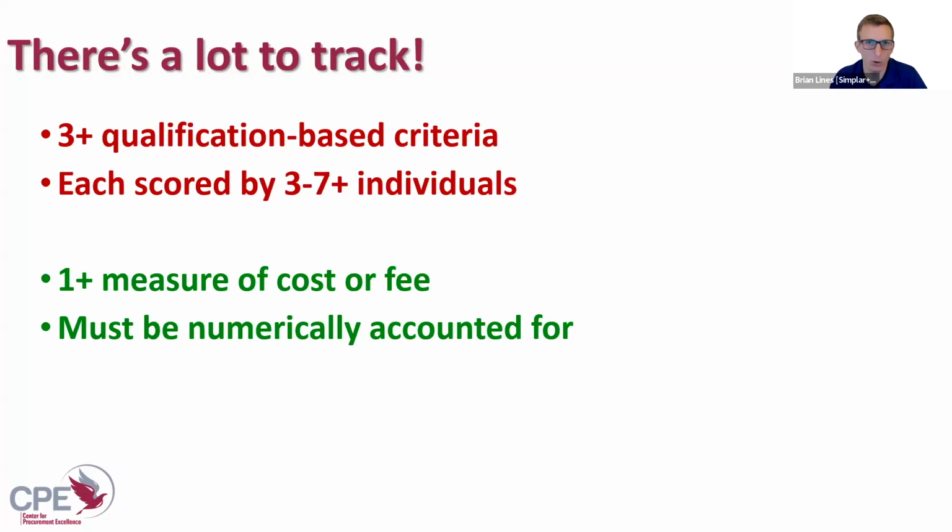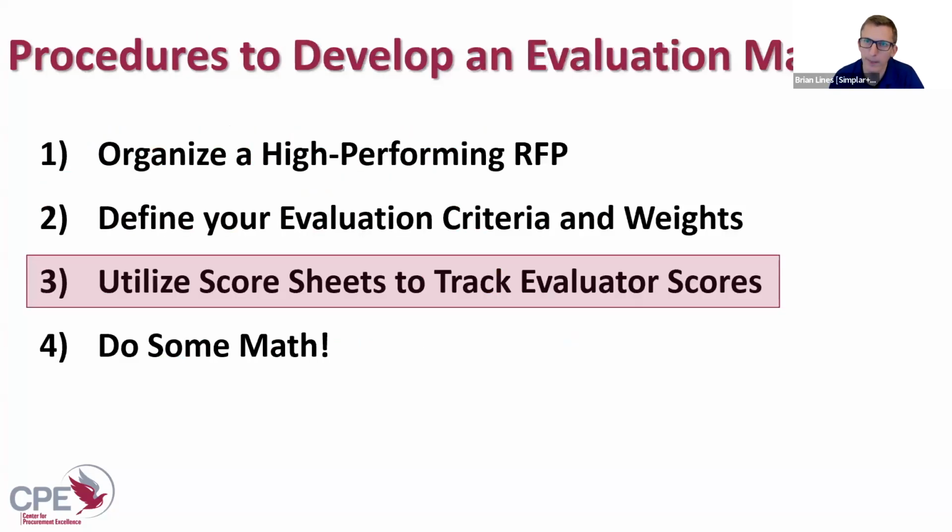Each of them is going to be scored by between 3 to 7 or even more evaluation members on your committee. You've got at least one measure of cost if it's a lump sum or a percent fee, or oftentimes in RFPs, you have multiple different cost breakouts you need to be numerically accounting for. So it is a decent amount to track, and that's why a matrix can be so helpful.